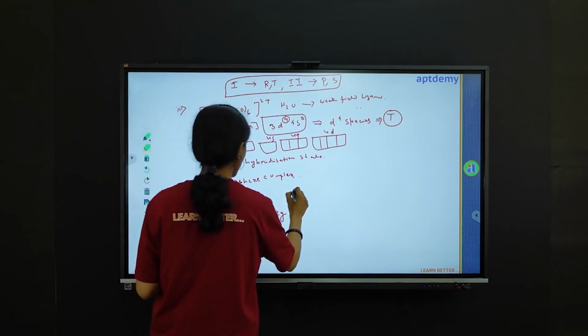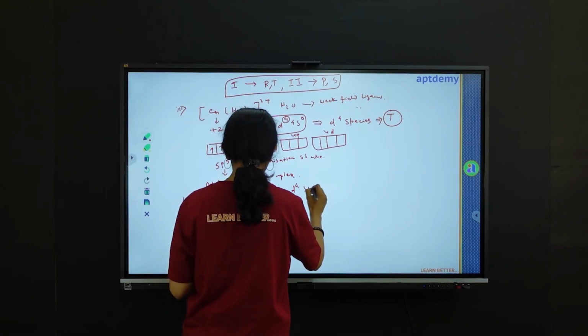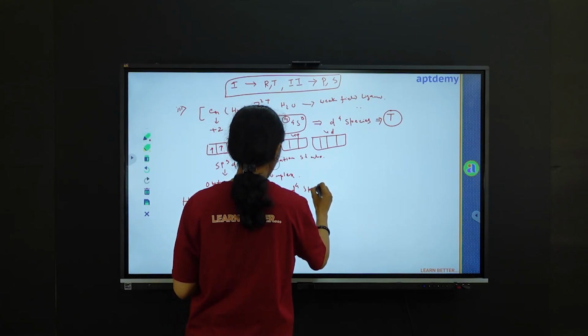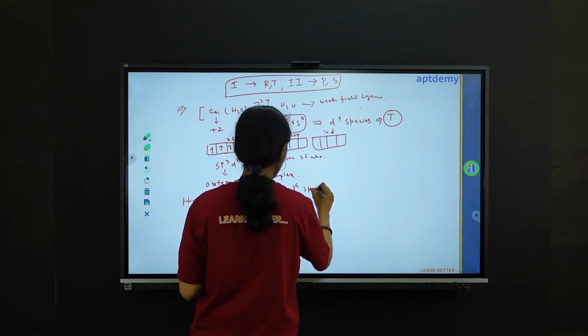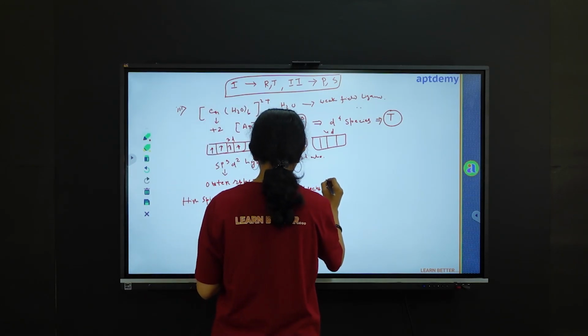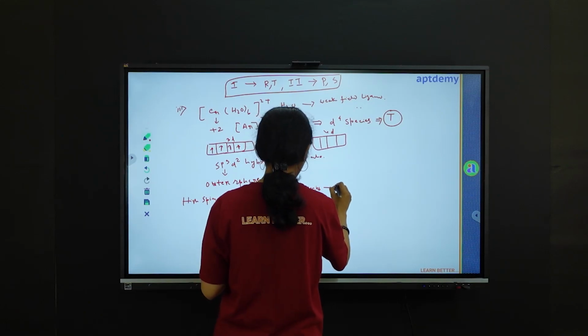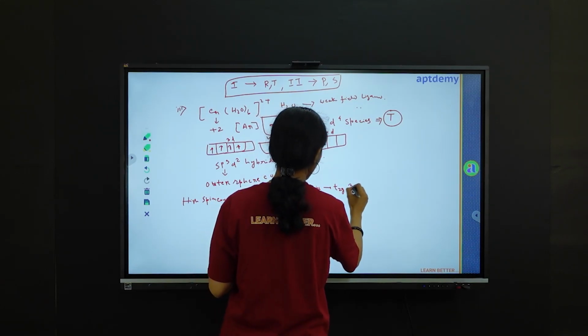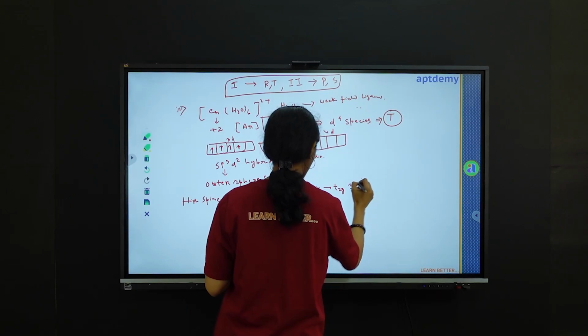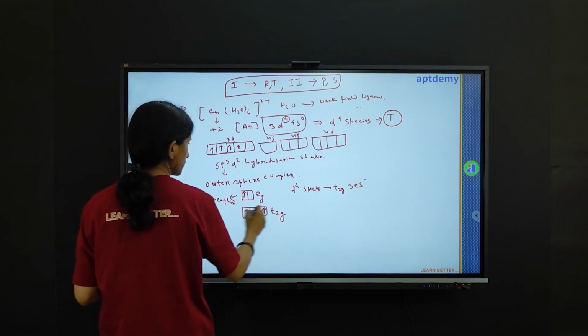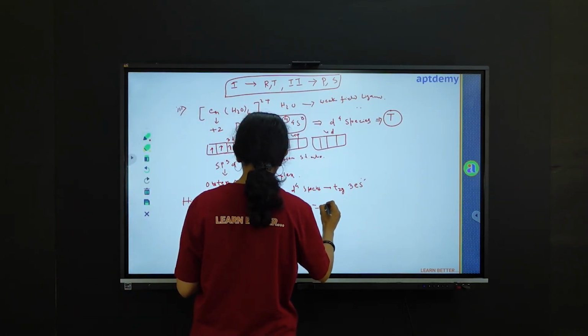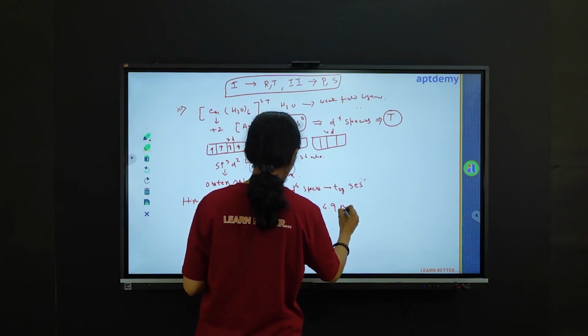This is also a d4 species because your t2g contains 3 electrons, and so your mu is equal to 4.9 BM.